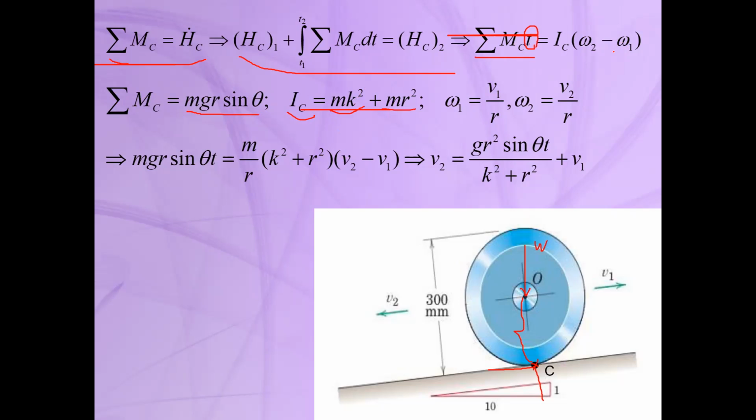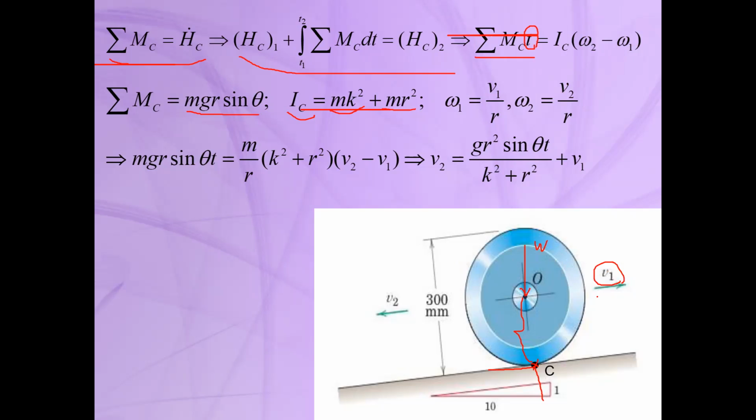Omega 1 and omega 2: because the motion is rotation without slipping, omega 1 and omega 2 are equal to the linear velocity divided by the radius. We can write that V1 is equal to omega 1 times r.